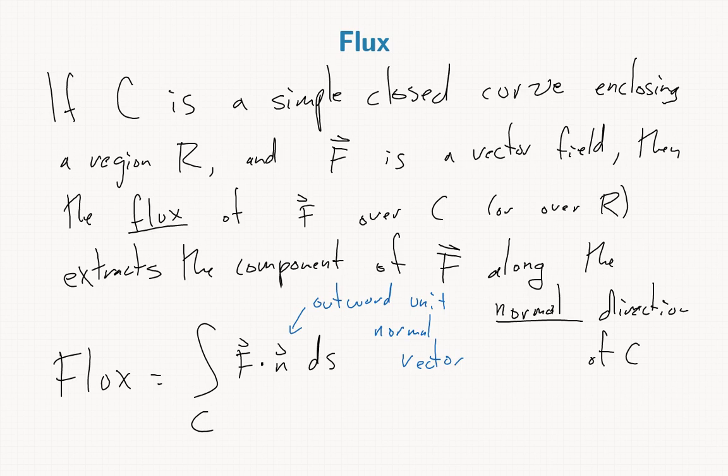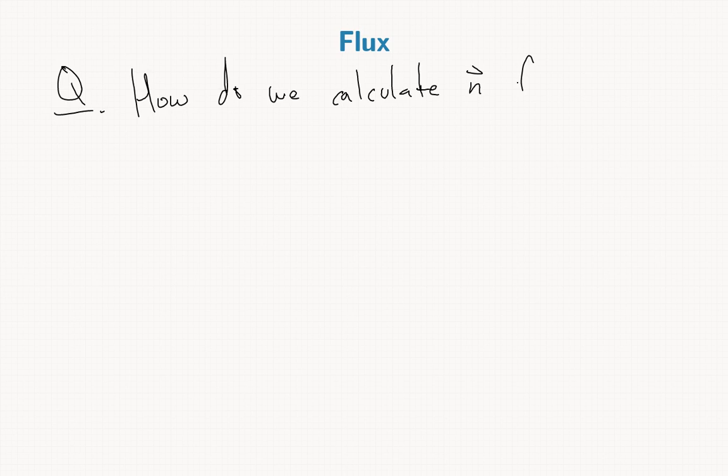All right, so how do we actually go about calculating this? So the question is, how do we calculate the normal vector for R?